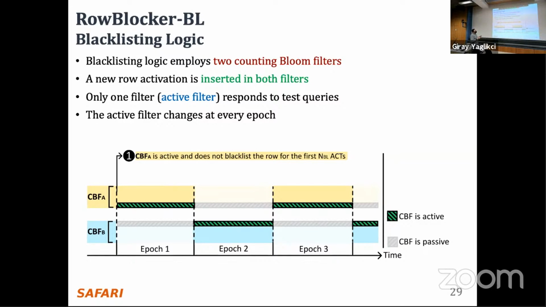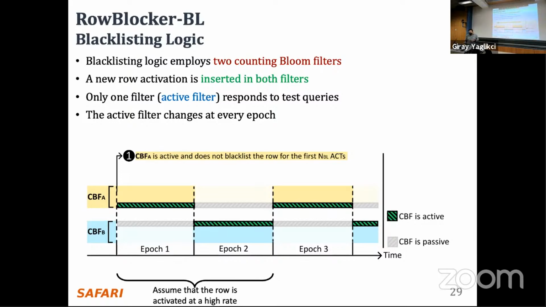We start with CBFA active, and it does not blacklist the row for the first some number of activations, until the activation count reaches a threshold that we call the blacklisting threshold. RowBlocker blacklists a row if the row's activation count reaches this value.